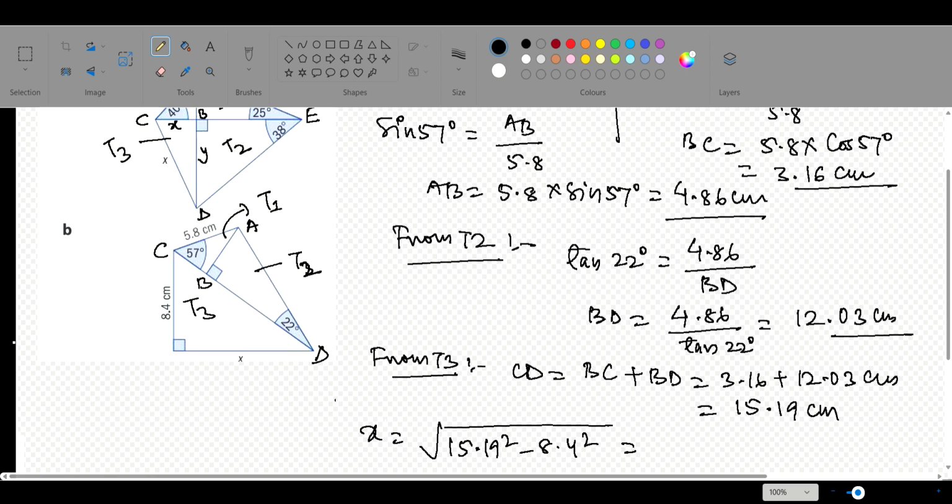So that is coming out 12.656, 12.7 centimeter. So this x is 12.7 centimeter.